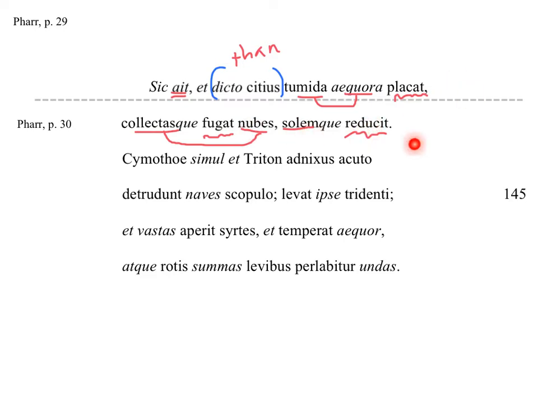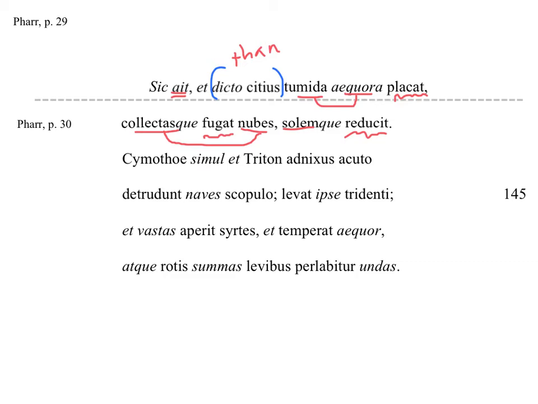All right, putting everything back in order here, right? Cimothoe simul et triton ad nixus acuto detrudum naves scopulo. At the same time, he's going to get some help here. Cimothoe and Triton leaning on a acuto scopulo, on a sharp crag.